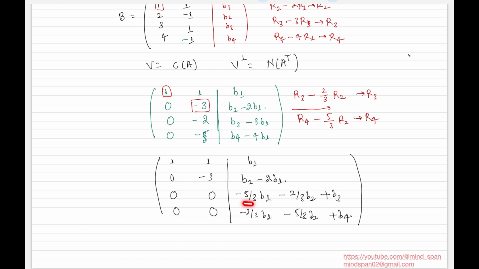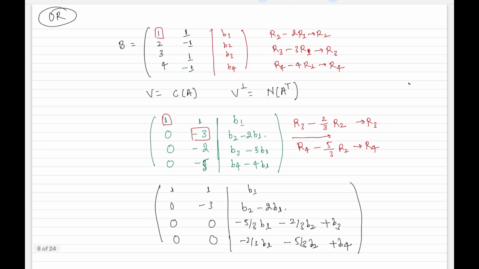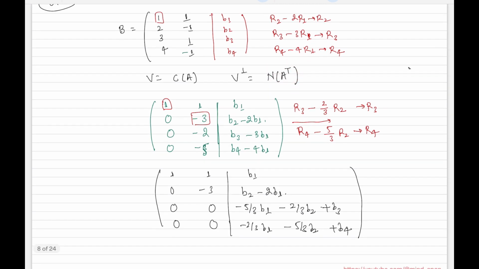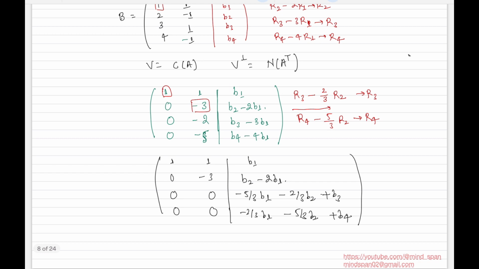So these rows of E are producing these 0. So what combination of rows is producing 0? So these combinations are producing the 0, and that is in the left null space, right? And their linear combination will give you the complete left null space, right? So I can say this V perp or this left null space will be the linear combination of these vectors.